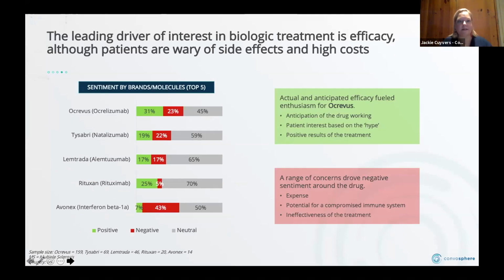You can also go deeper when looking at the sentiments around specific products or brands. In this case, Cuyvers was the biologic that was most mentioned, and it also had the largest positive sentiment around it.